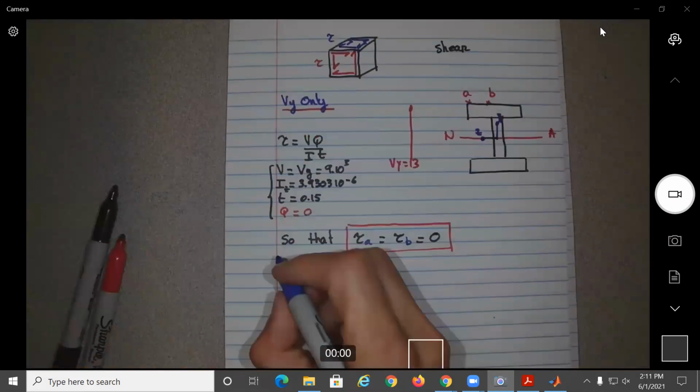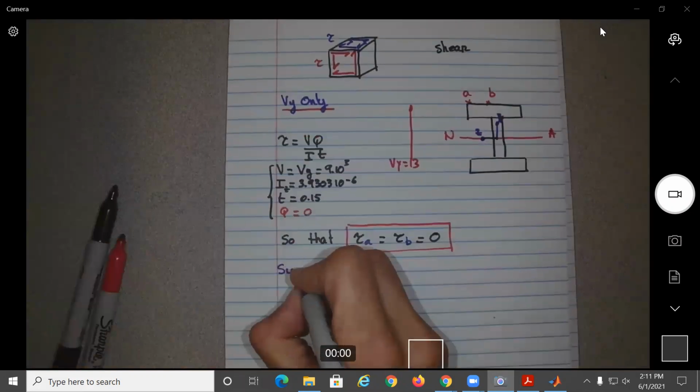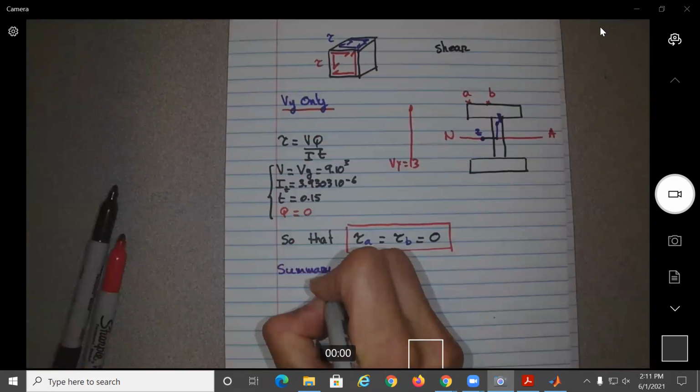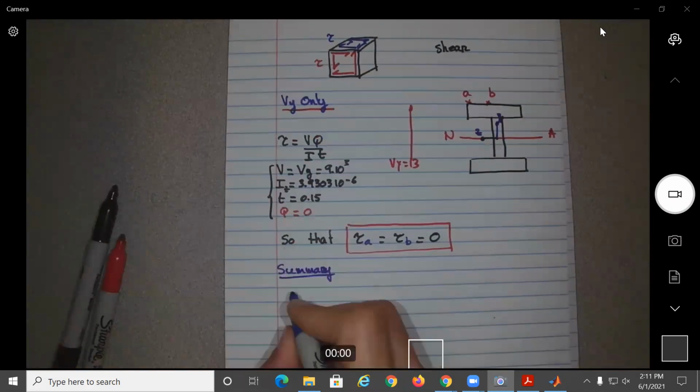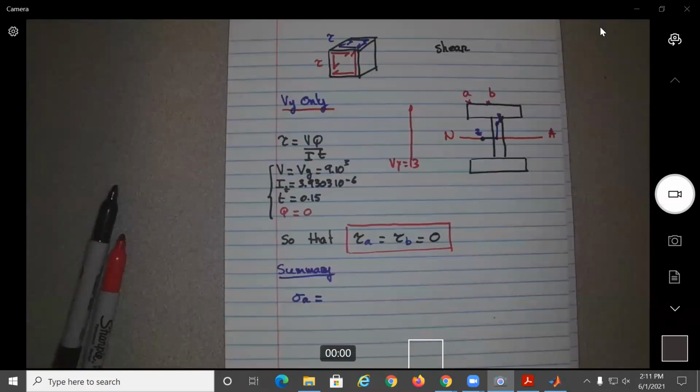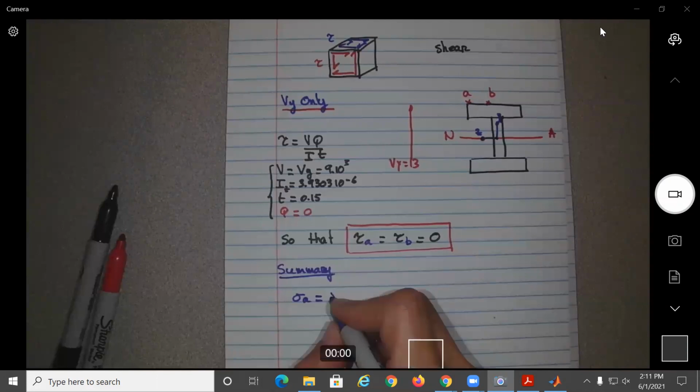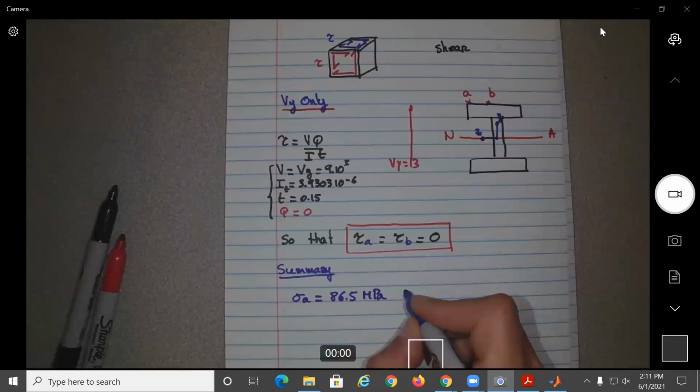All right, so let's do a quick summary. We found that the stress at point A is approximately 86.5 megapascals, and the shear is 0.